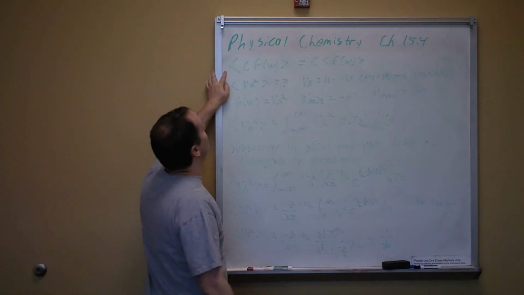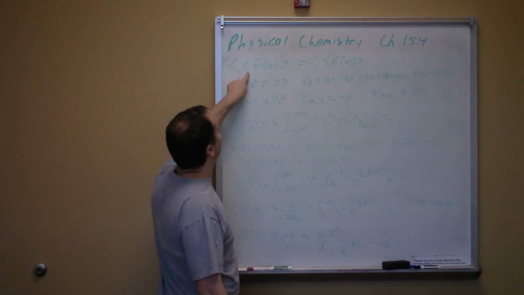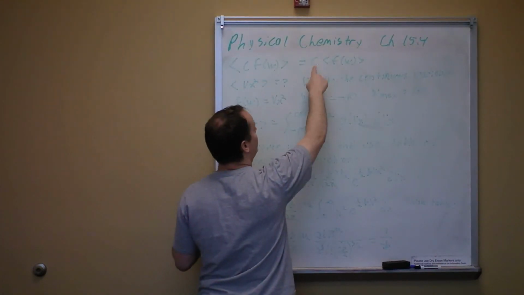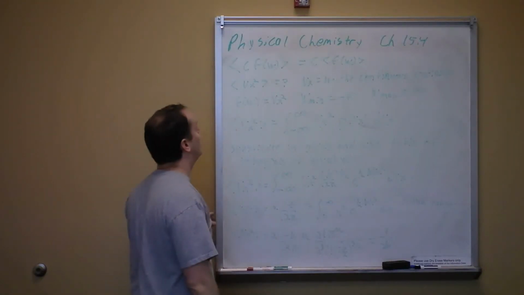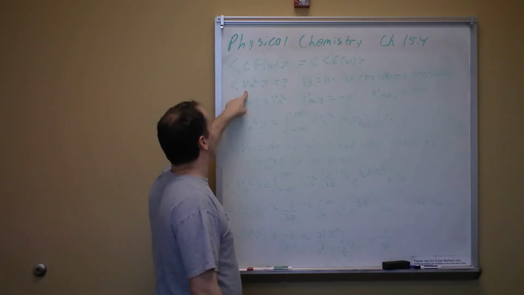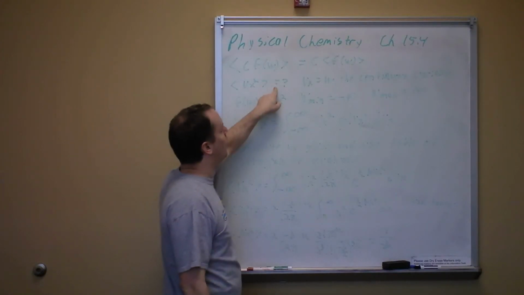Okay, another rule for averages is if you have the average of a constant times your function of w, you can pull the constant out just like you do with integrals, and you have the constant times the average of the function of w.